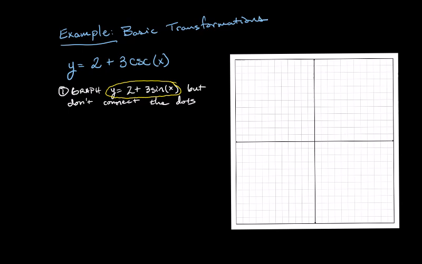So let's break it down. Our amplitude is 3. There's no period change, so our period is still 2 pi, which means we're going to have a length of 2 pi. Also notice there's no phase shift.